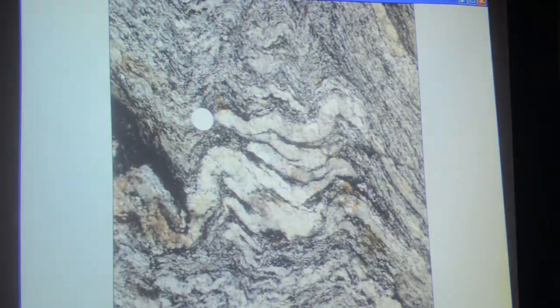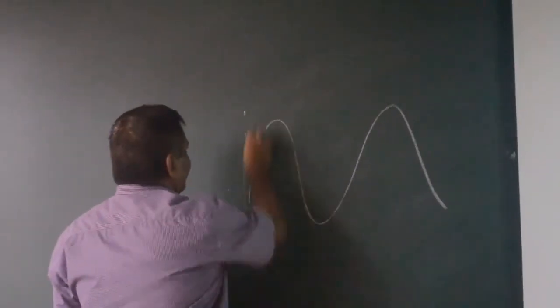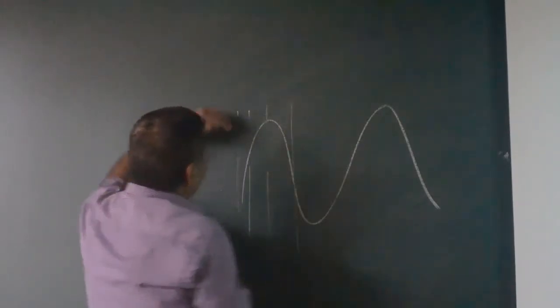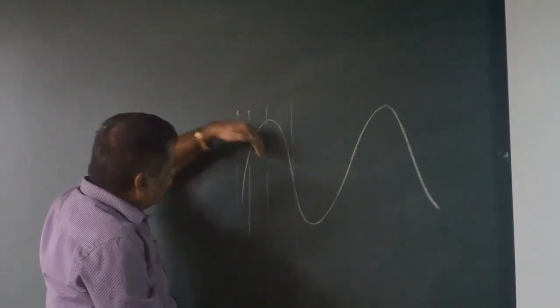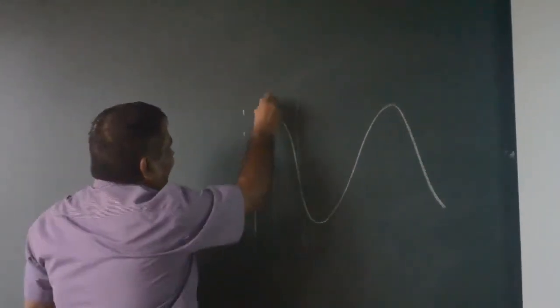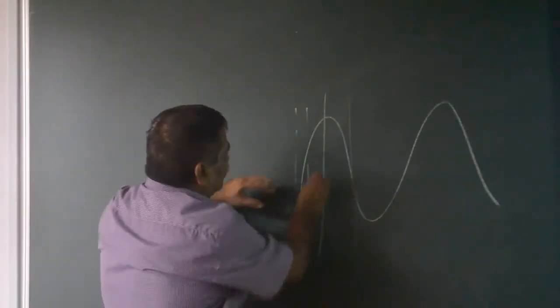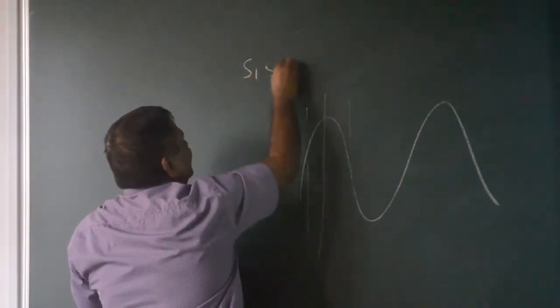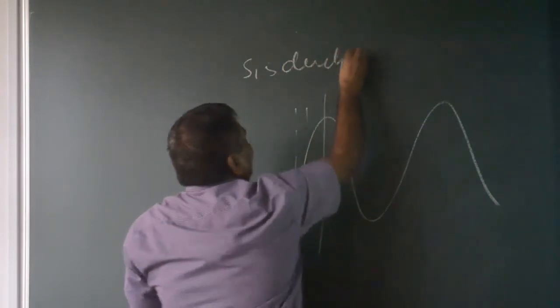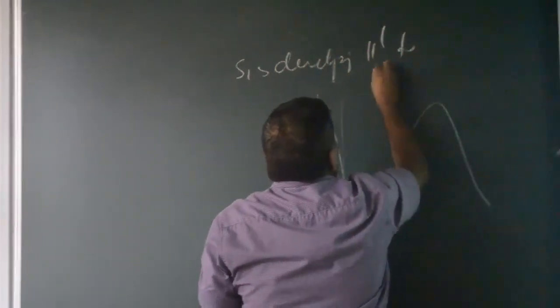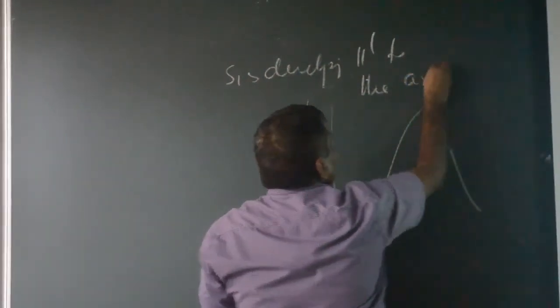So now you come to this picture. This one I have drawn first. These are the schistosity planes. So here these schistosity planes and the axial plane, they are all parallel, because the schistosity plane is developing parallel to the axial plane of the first fold.